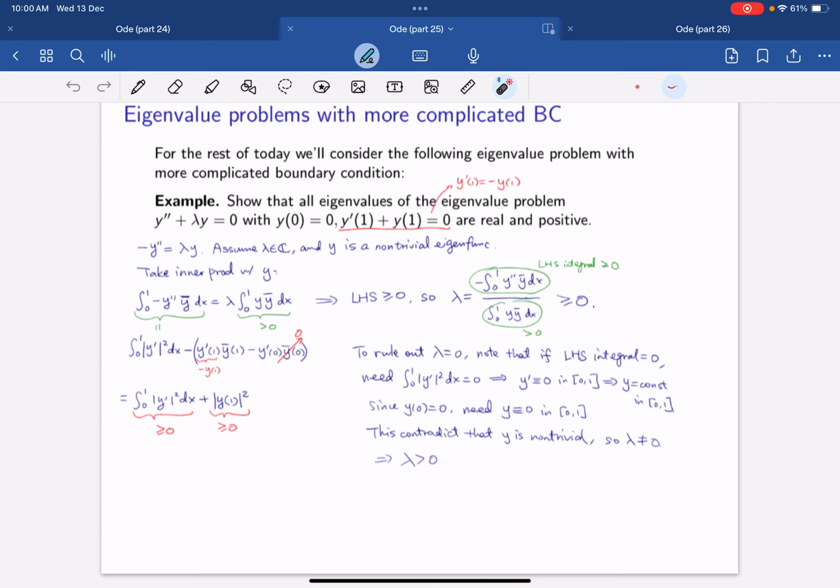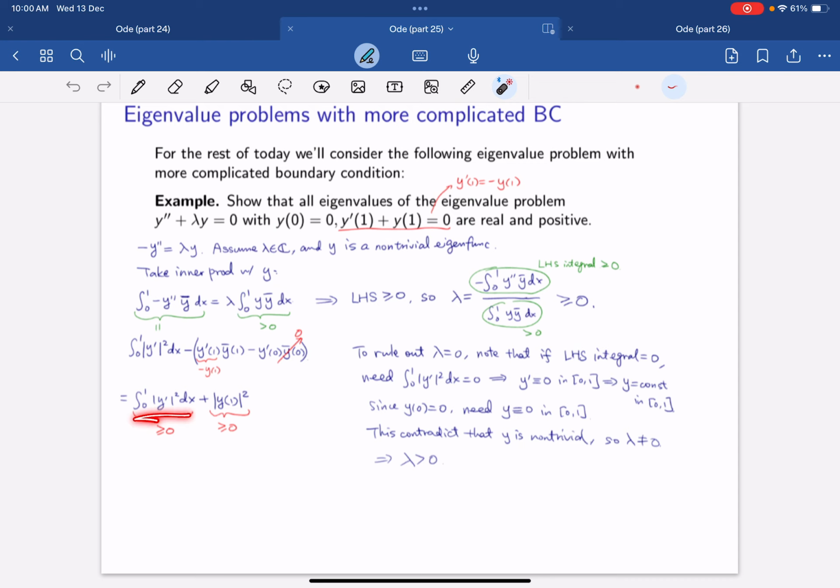Now to rule out the case that lambda is 0, if this is 0, then the left hand side integral must be 0. If the left hand side integral is 0, we need both parts to be 0, since this is always positive.